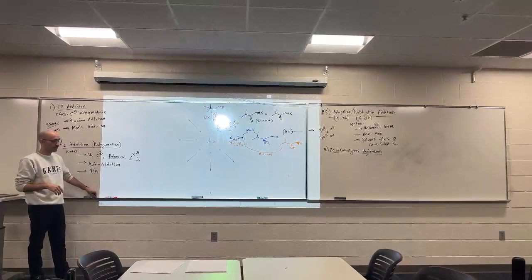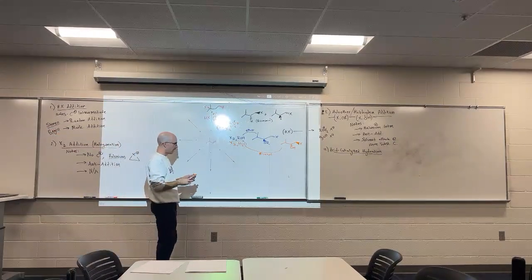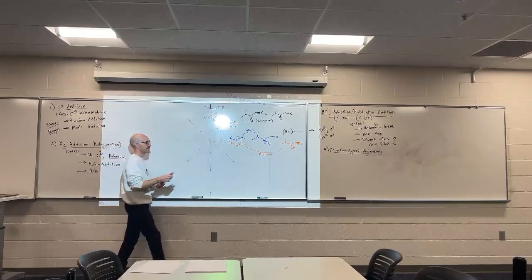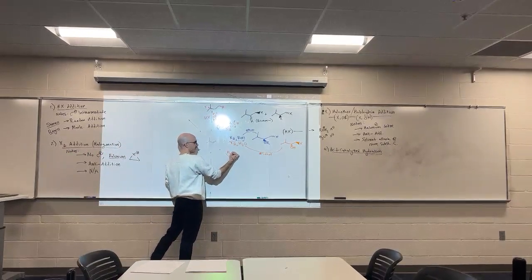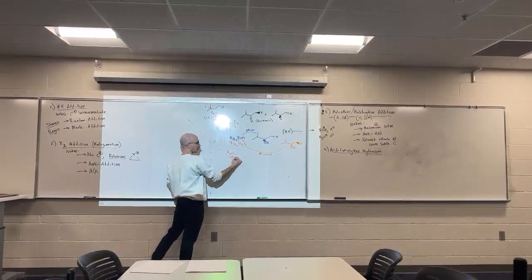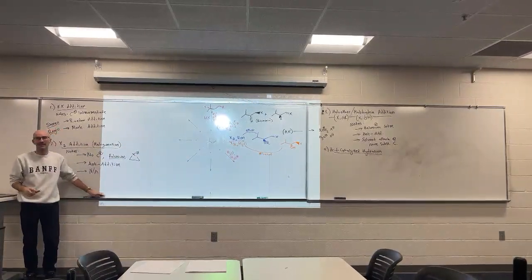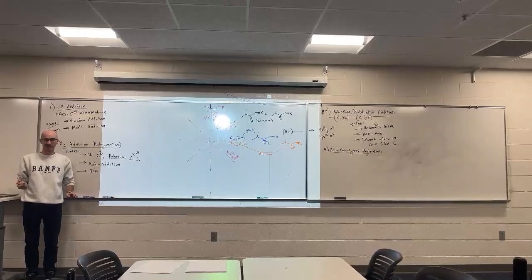For instance, over the reaction arrow, we will typically write H2O and H3O plus. But H3O plus doesn't exist on its own. You can't buy a bottle of H3O plus.